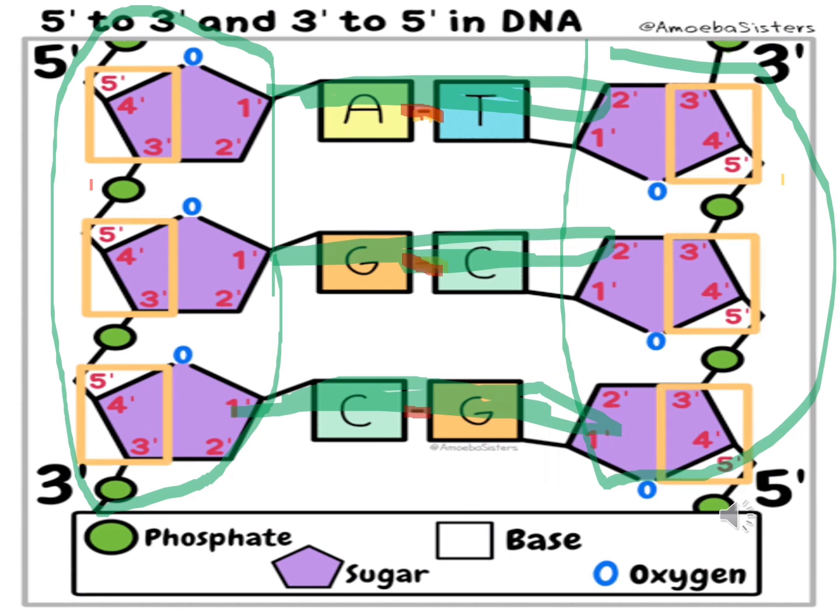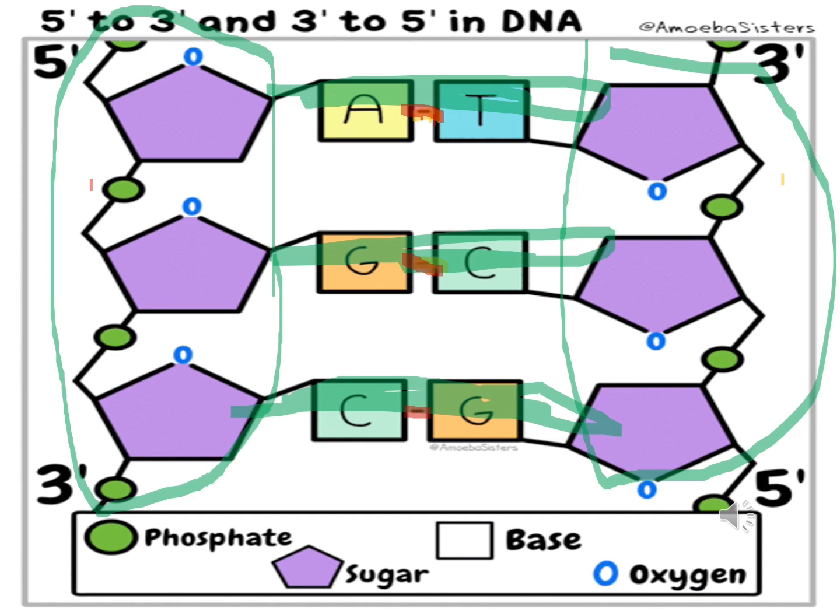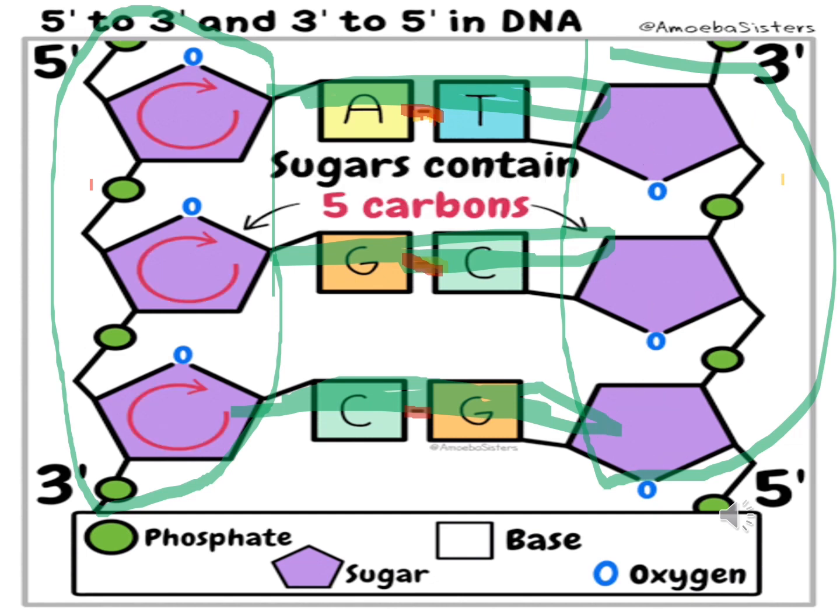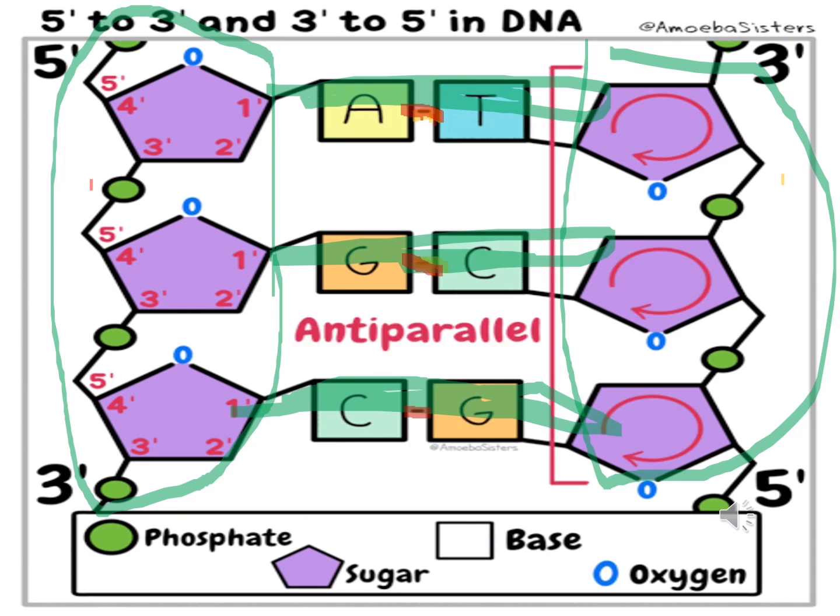Why? Because those are hydrogen bonds. The others are covalent. So the hydrogen bonds are weaker, so they are easier to be broken. So when you heat up the DNA, the first weak bond, the hydrogen bond, will be broken.